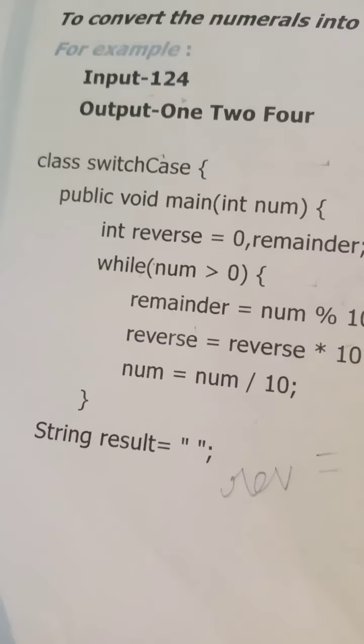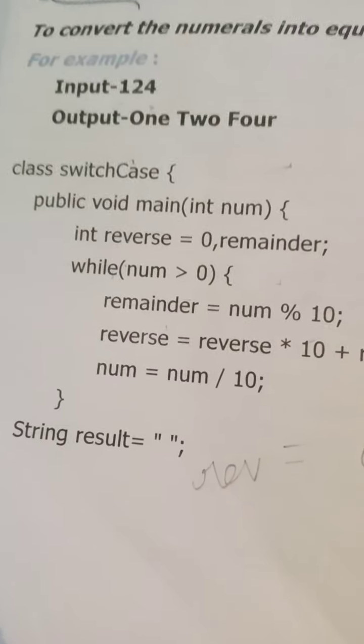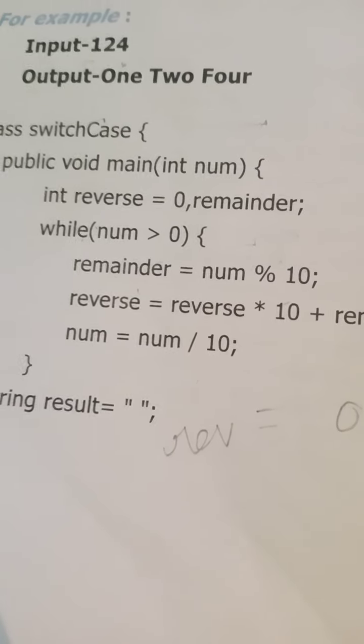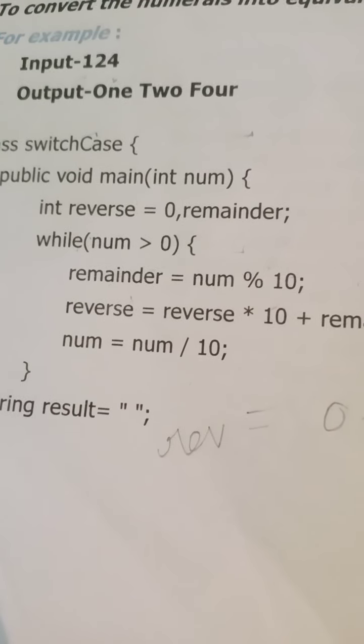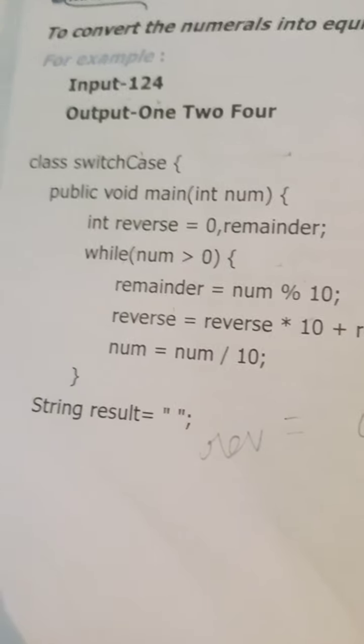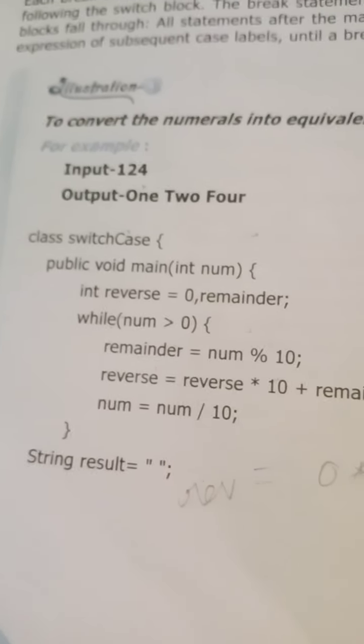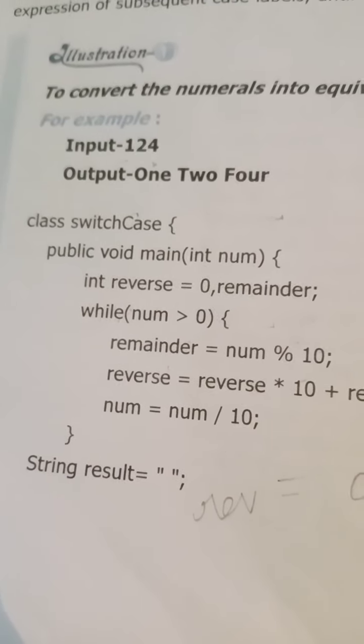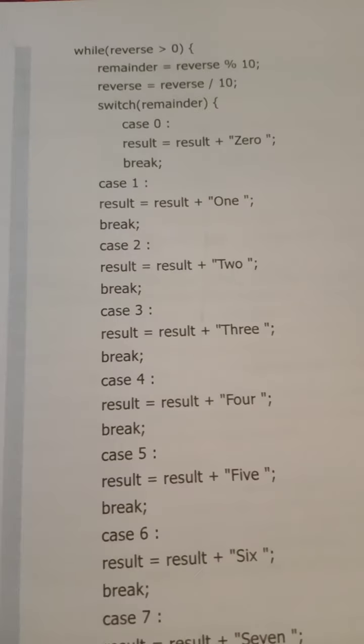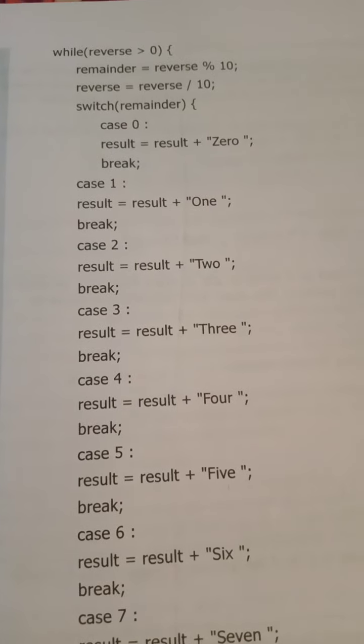So I hope you will understand that this programming is all about modulus and division operator, and how we are excluding the number one by one. We are checking the number from unit place 1, 2 and 4, and we are using switch case where we are providing the number of conditions.